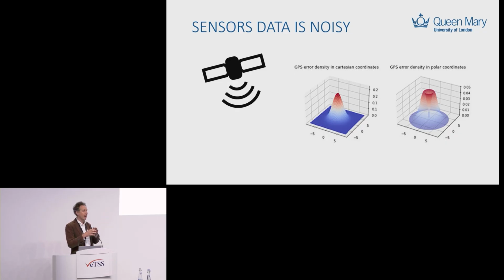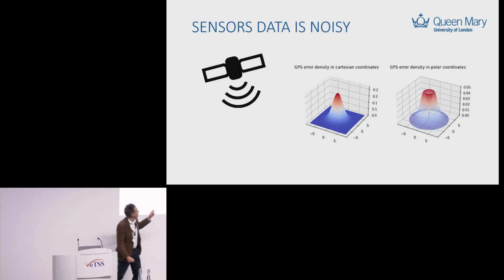The error of GPS data is very well modeled, because the military needs to have an extremely precise description of this noise. But for civilian use, a very good model of GPS data is that the error is a Gaussian. So in Cartesian coordinates, that's what the error of a GPS reading looks like.